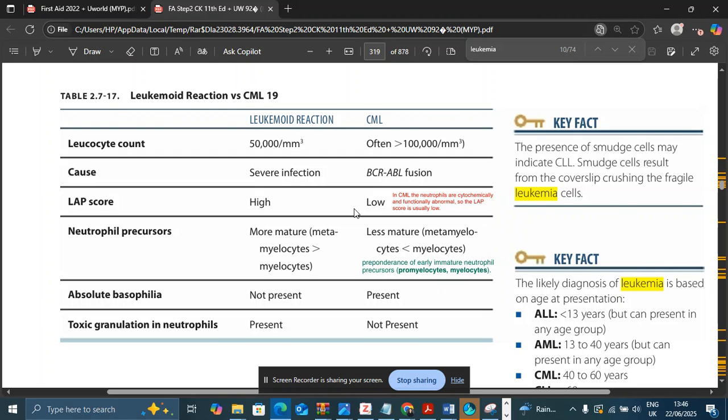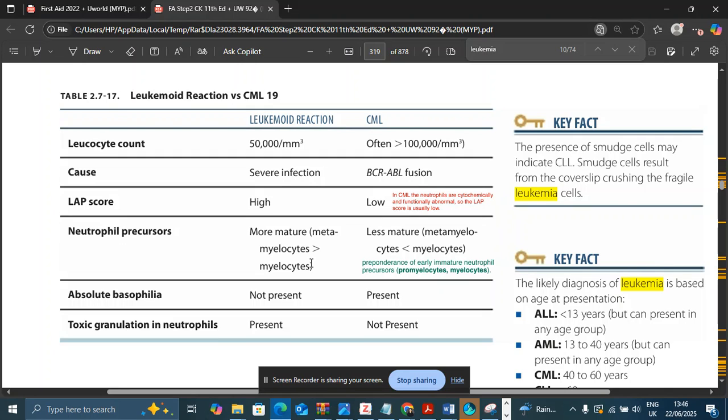In the peripheral smear, we will see more mature neutrophils in leukemoid reaction. Metamyelocytes are more mature neutrophils than myelocytes. So in the peripheral smear, we will see more metamyelocytes than myelocytes in leukemoid reaction.